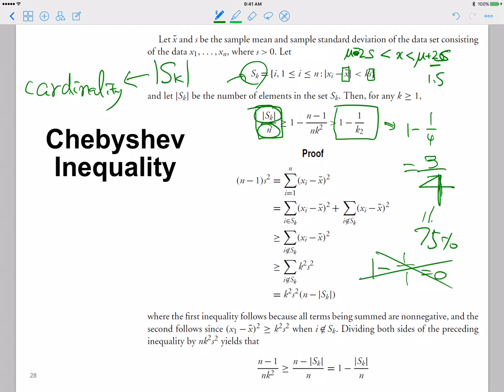And if we have 1.5, then 1.5 squared is 2.25, so it's around 60%. So this is the minimum number that we can guarantee for those data items falling into this range.